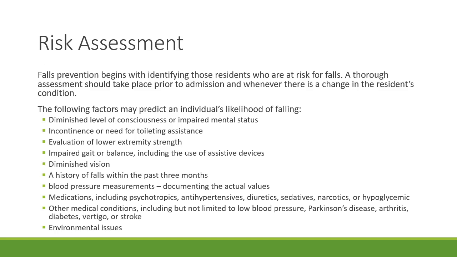The following factors may predict an individual's likelihood of falling: diminished level of consciousness or impaired mental status, incontinence or need for toileting assistance, evaluation of lower extremity strength, impaired gait or balance, including the use of assistive devices, diminished vision, a history of falls within the past 3 months, blood pressure measurements documenting the actual values, medications including psychotropics, antihypertensives, diuretics, sedatives, narcotics, or hypoglycemics, other medical conditions including but not limited to low blood pressure, Parkinson's disease, arthritis, diabetes, vertigo, or stroke, and they can also include environmental issues.